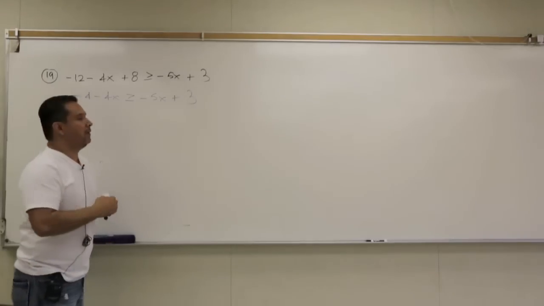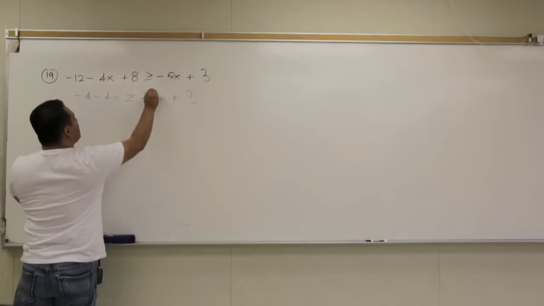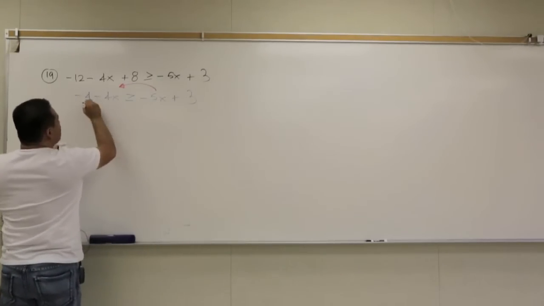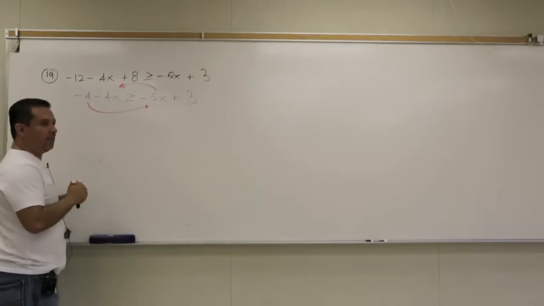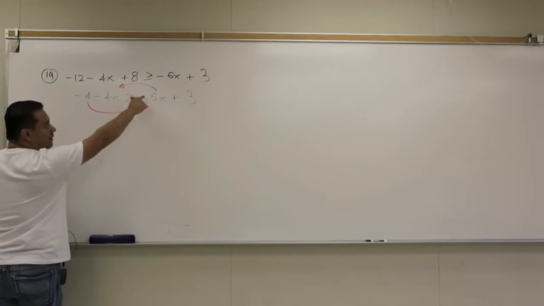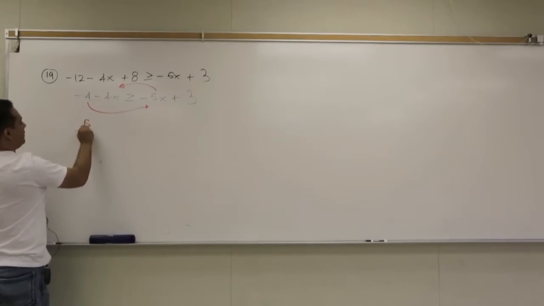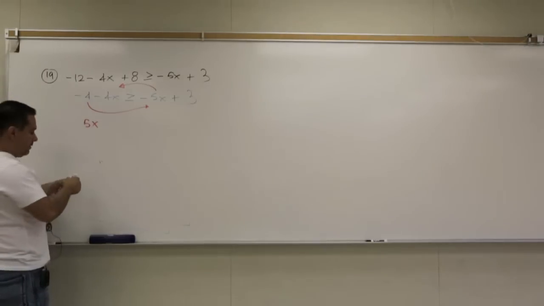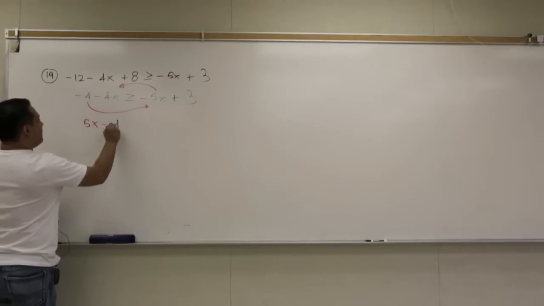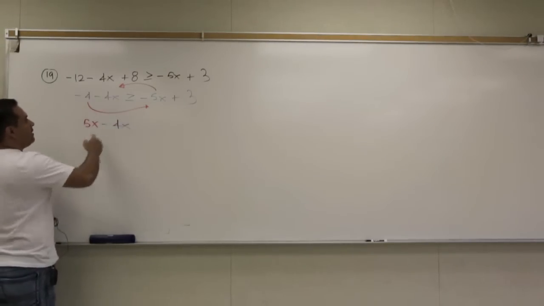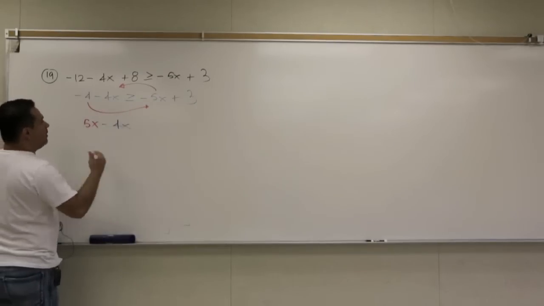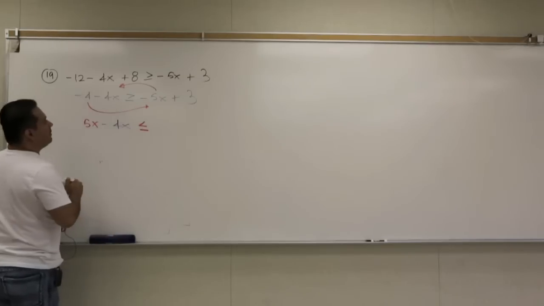Now we do our translation. We want our x's on one side. So that negative 5x on the right becomes positive 5x on the left, minus 4x. What do you guys notice about that sign? Switches.